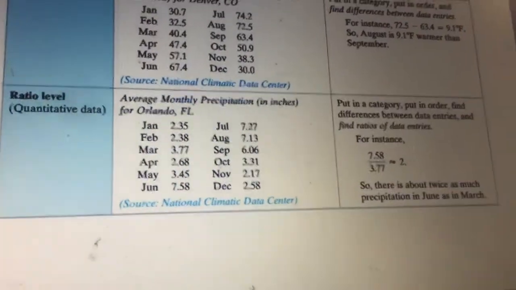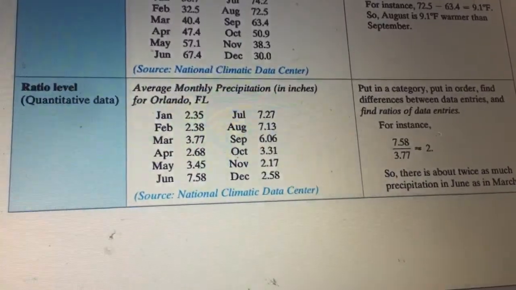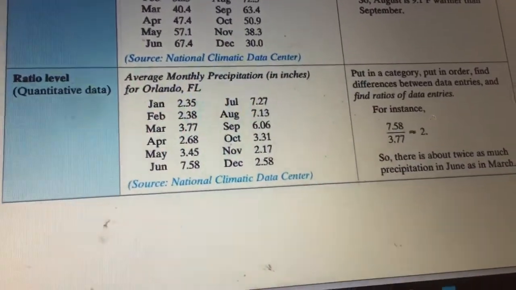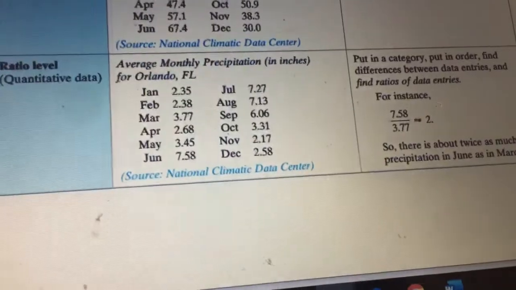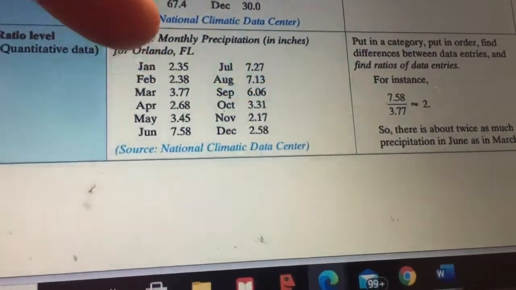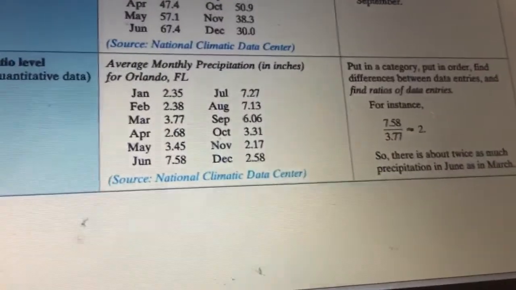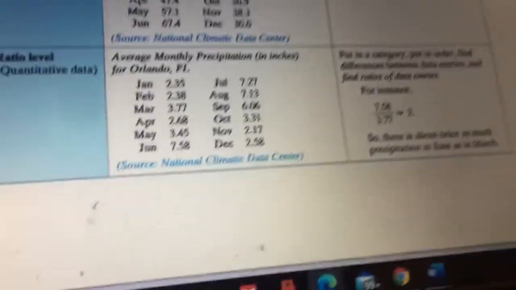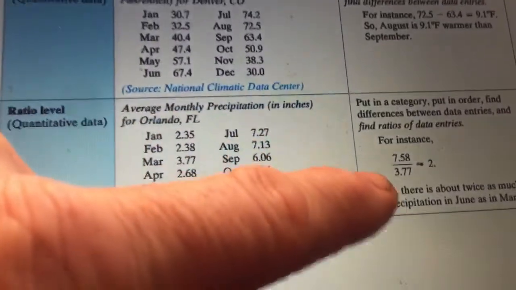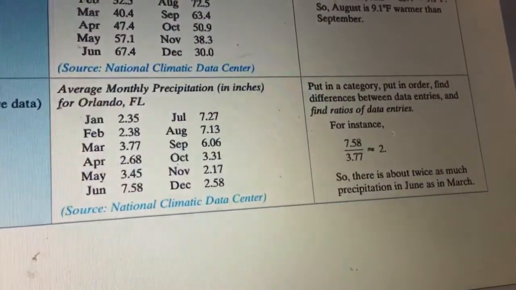These can be put in categories, but here you can subtract them to see that February is just 3/100ths of an inch more than January, so they're really close. You can subtract them and get information, but you also can divide them, like here, to see that this one's twice as much as that one. If you divide them, you can see there's about twice as much precipitation in June as in March.